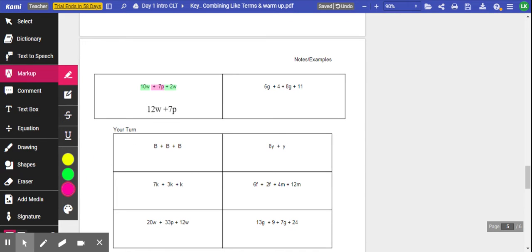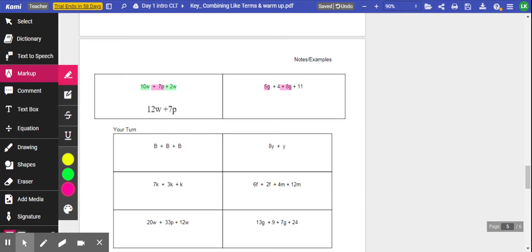Let's see. 5G plus 4 plus 8G plus 11. All right. My 5G and my plus 8G, those are like terms because they're both G to the same power. Now notice something. 4 and 11. Neither one of those have a variable. Those are constants. The constants will never change.